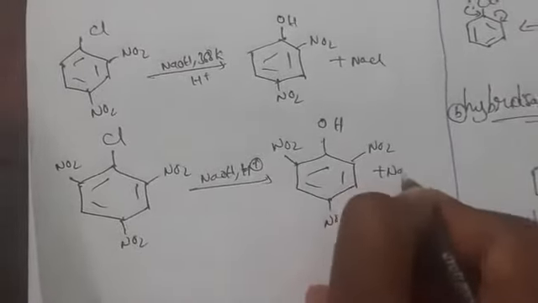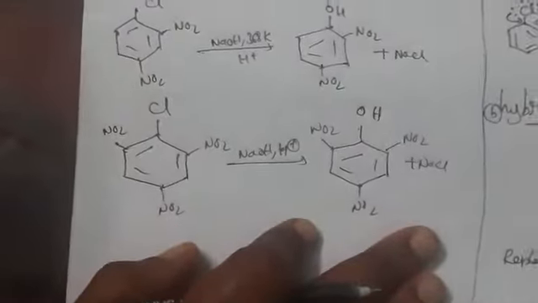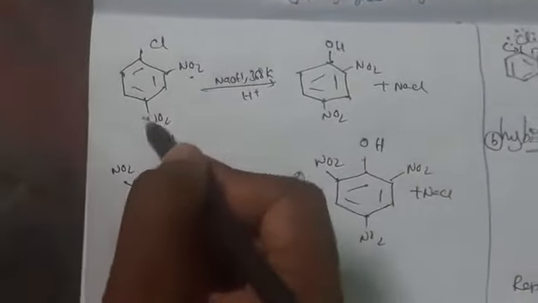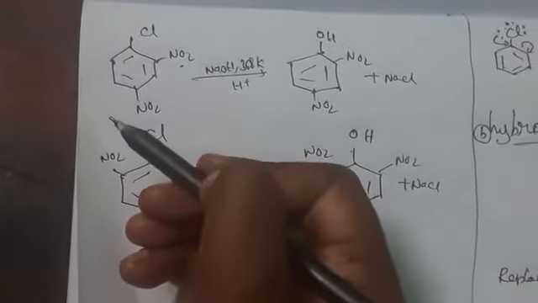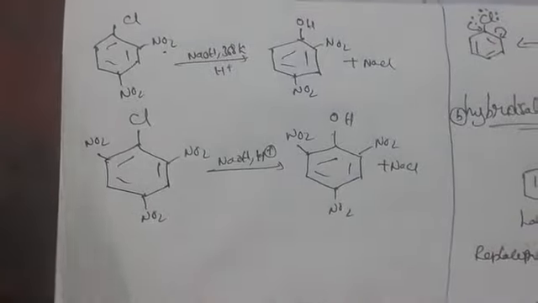Again it forms NaCl. If you observe here, when we take one, two, three NO2 groups, what happens? The presence of an electron withdrawing group, this one is the electron withdrawing group. Whenever the electron withdrawing group is present at ortho and para positions, it increases the reactivity of haloarenes.